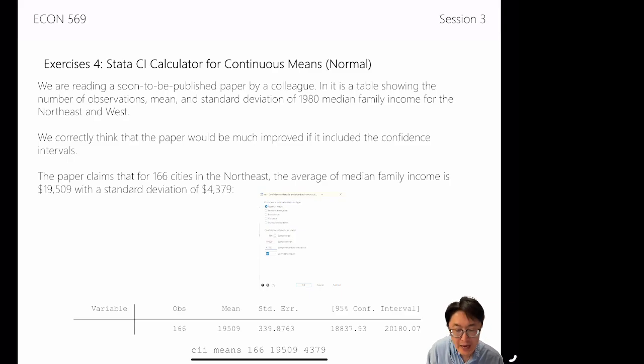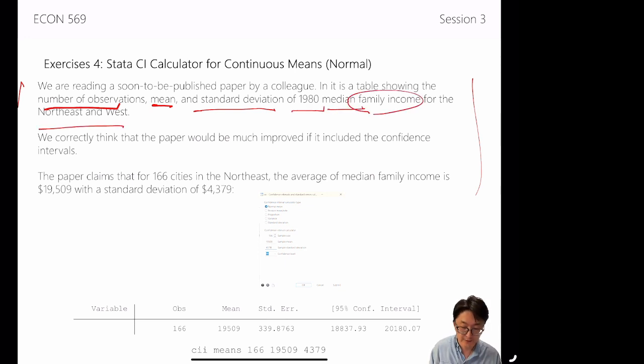Sometimes you just need a calculator, so you already know every number. Now this is your scenario. You are reading a soon to be published paper by your colleague, and your colleague asks you to review his draft. His table shows the number of observations, mean and standard deviation of 1980 median family income for North, East, and West. And now you believe that maybe you can include a confidence interval, then you can improve your draft.